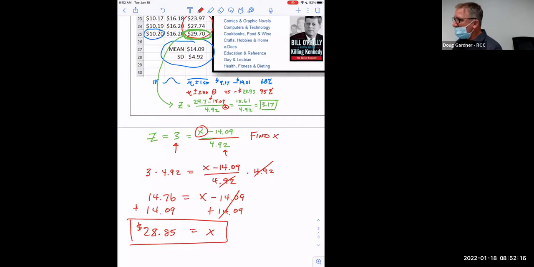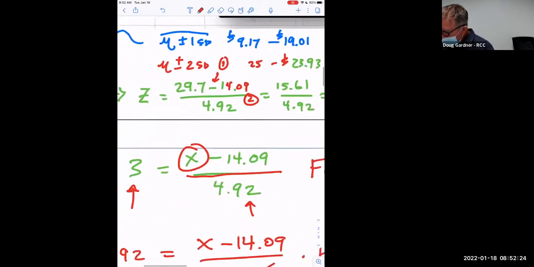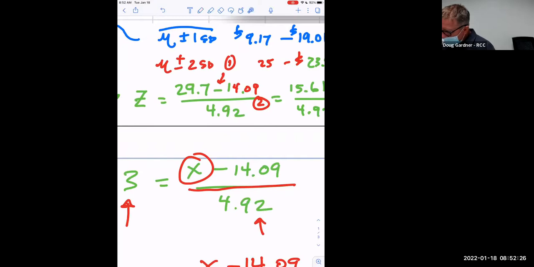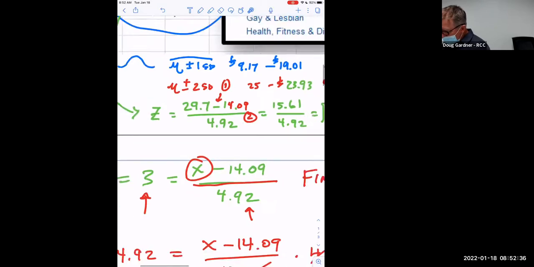So now I'm going to check my work. I'm going to put in 28.85, subtract 14.09, do the normal order here. I'm just replacing this number with the answer we just got. 28.85 minus 14.09 is 14.76. I divide that by 4.92. Hey, I got 3. I got a z-score of 3. It worked.